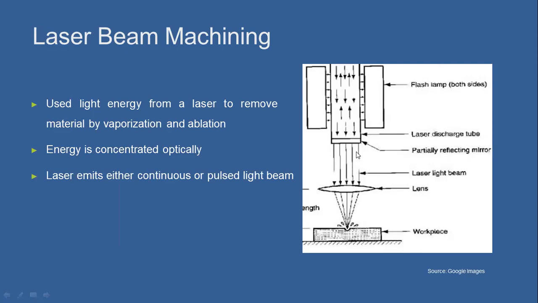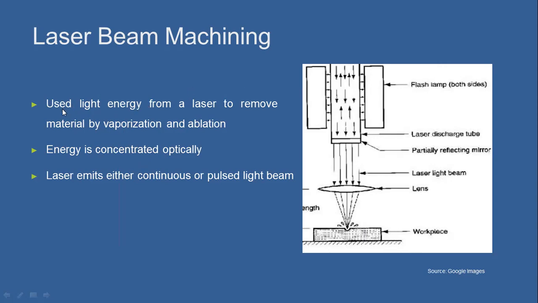This is the laser beam, which is further focused onto the workpiece. So majorly we have a laser discharge tube in which the lasing medium is placed, flash lamps connected to the power source, two mirrors, one partially reflecting and one 100% reflecting, and a lens to focus the laser beams onto the spot.